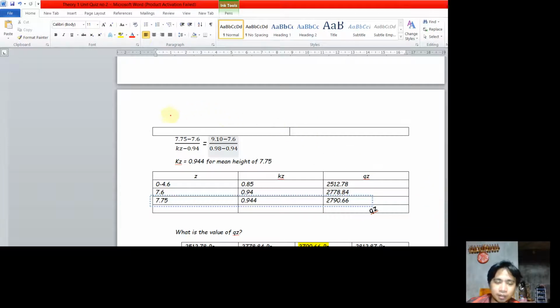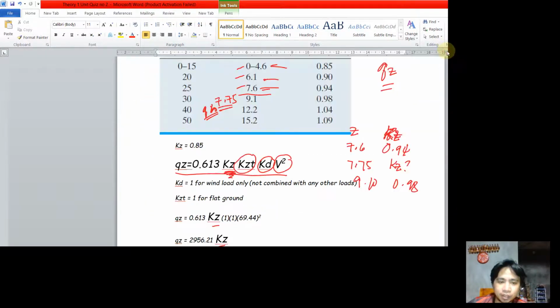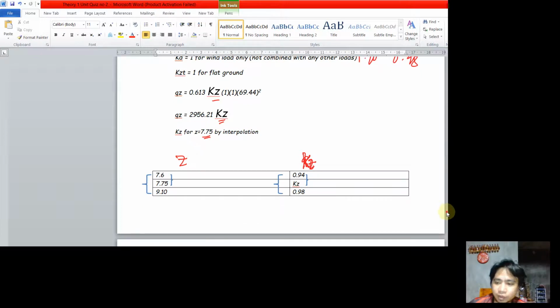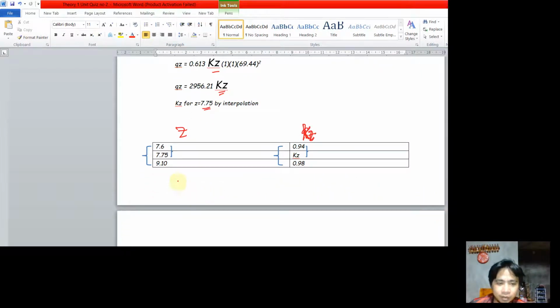So on that premise, we have 7.75 minus 7.6 all over Kz minus 0.94, then 9.1 minus 7.6, and then 0.98 minus 0.94. Just follow the brackets there. Okay, we have here 7.75 minus 7.6, here it is.